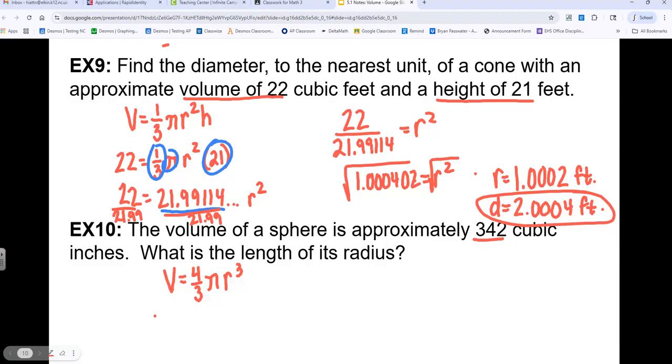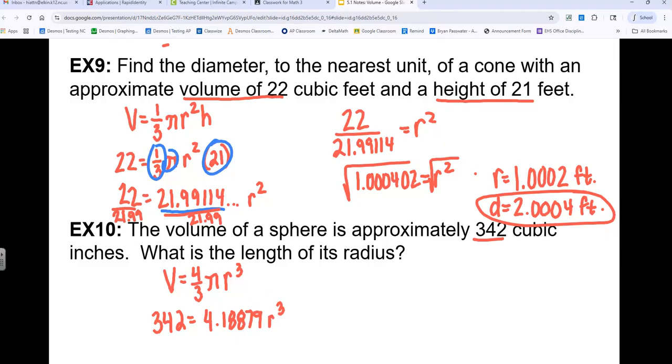342 goes in for volume. That's here. All right. And then I've got 4/3 times pi times r cubed. 4/3 and pi, that is a number. So I can take 4/3 and multiply it by pi. And I got 4.18879 radius cubed.